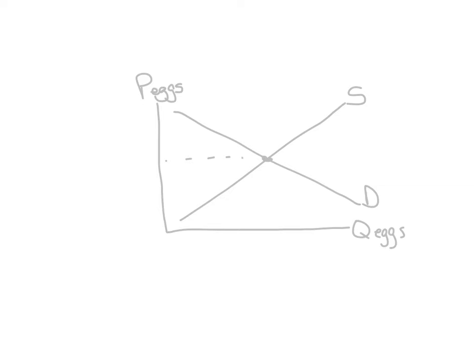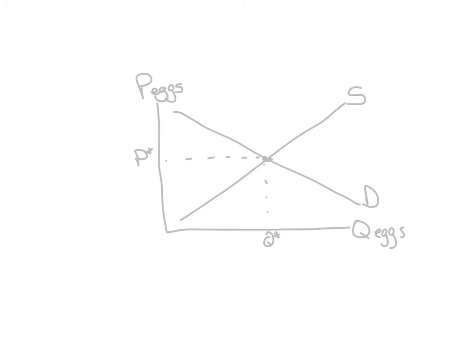We begin at some equilibrium, P star, Q star. Okay, and part B says the price of bacon, a complementary product, decreases. If bacon's a complementary product, that means that eggs and bacon tend to be consumed together.